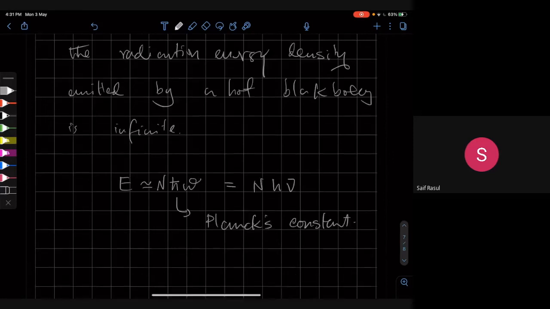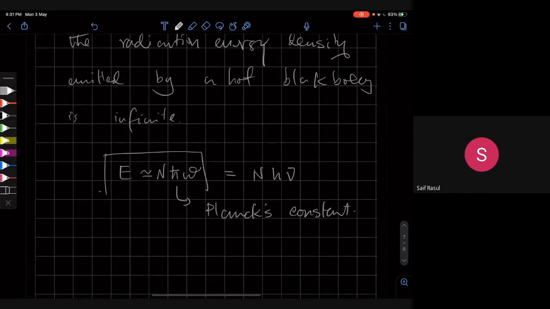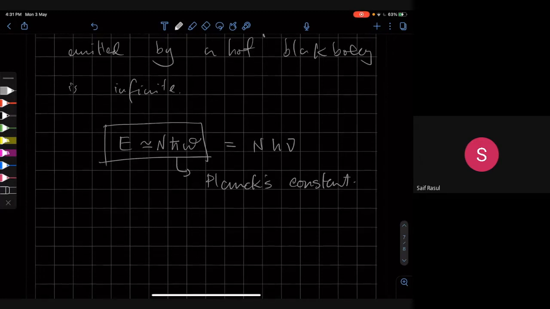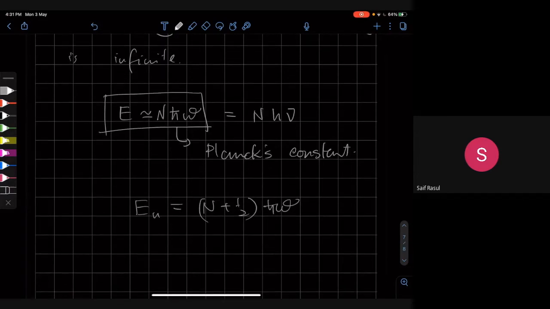And you will recognize this formula from the tutorial on the simple harmonic oscillator. The energy levels were n plus half h bar omega. When the energies are large enough, you can ignore the half, which is the vacuum energy, and this is exactly what this is.